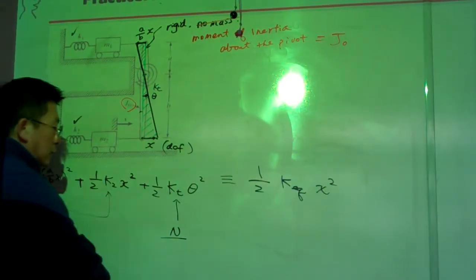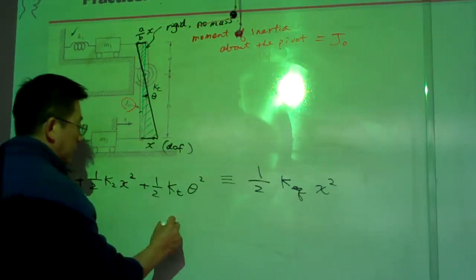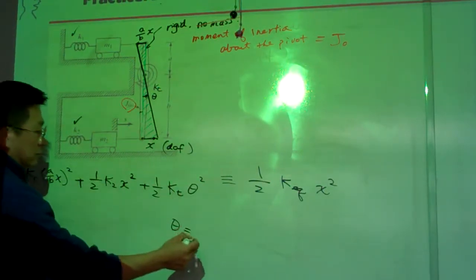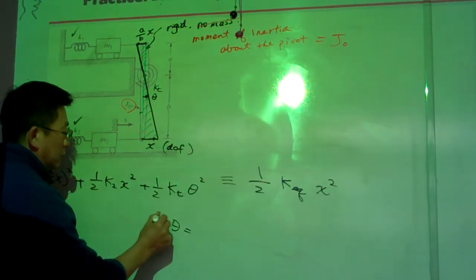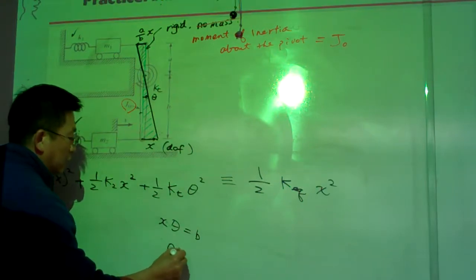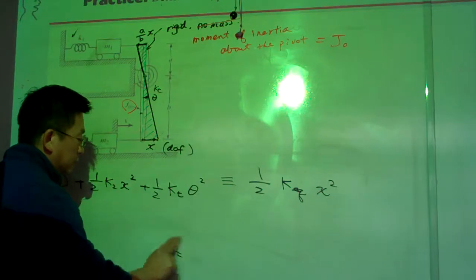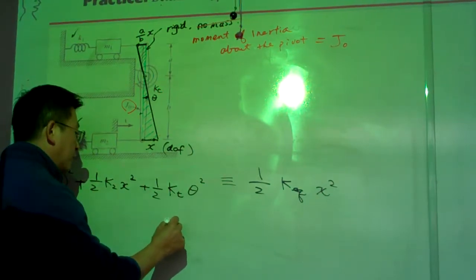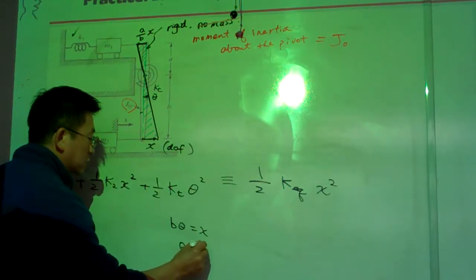Under this situation, what is theta? Again, using that information, theta equals x over b.